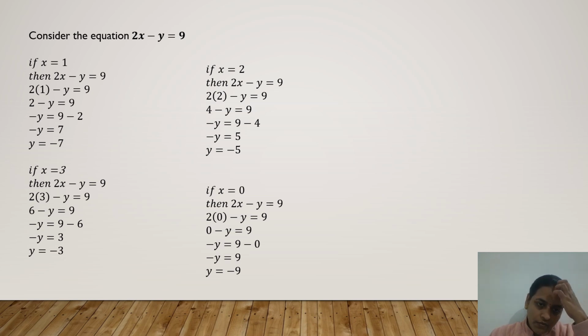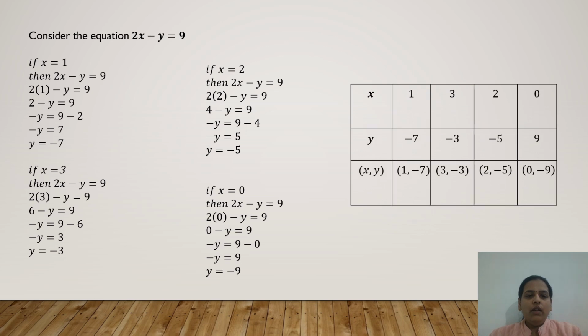That means if x is equal to 0, the value of y is minus 9. These are the four ordered pairs of the given equation 2x minus y is equal to 9. So arrange one table in which the x and y coordinates are listed. What are the x coordinates here?